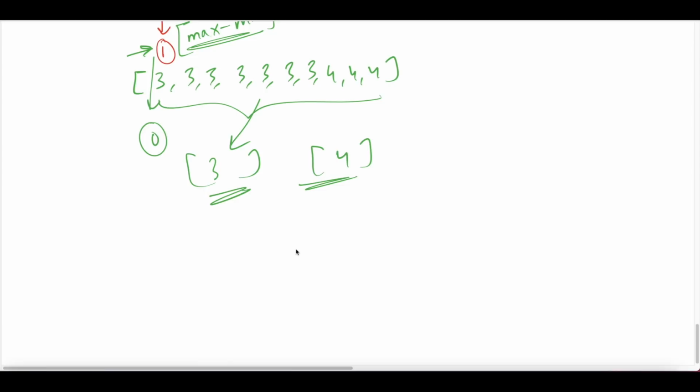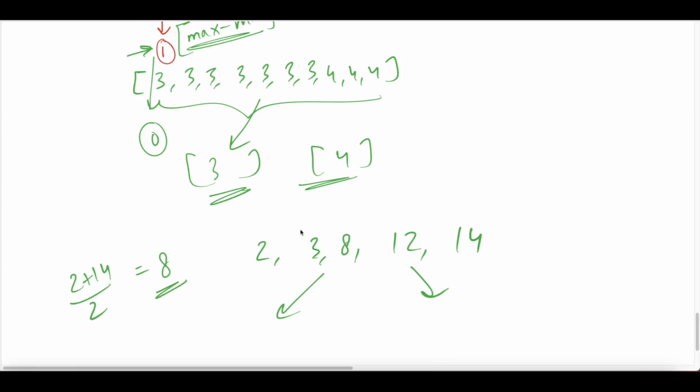And to do that, if you have some subarray, for example, 2, 3, 8, 12 and 14, what do you need to do to go to the left and right steps? Well, first you need to compute the average, which is 2 plus 14 by 2, which evaluates out to 8. So this becomes your left and this becomes your right.